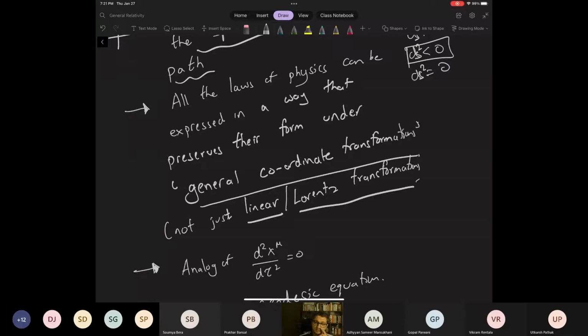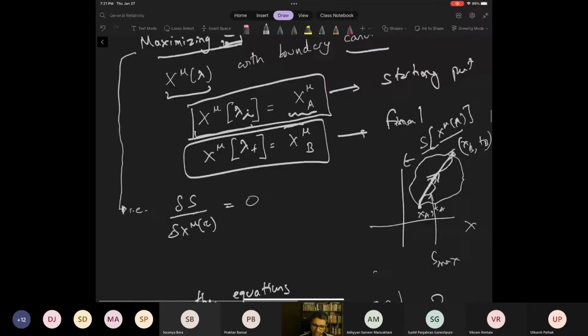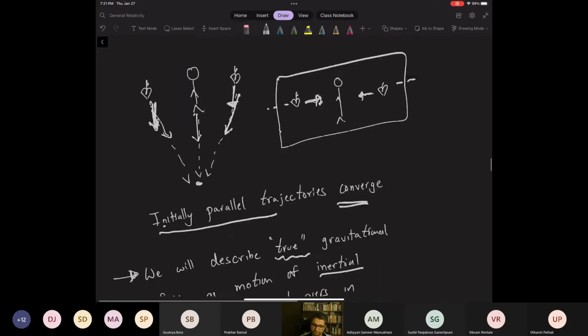This is not true in special relativity. But as we've seen, for example, if you compare inertial observers versus uniformly accelerated reference frames, that is going from the x,t coordinates to the eta, rho coordinates, you're just describing the same physics in different coordinate choices, that uniformly accelerated frame.